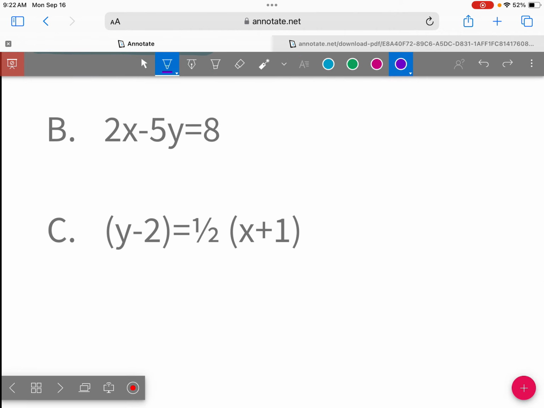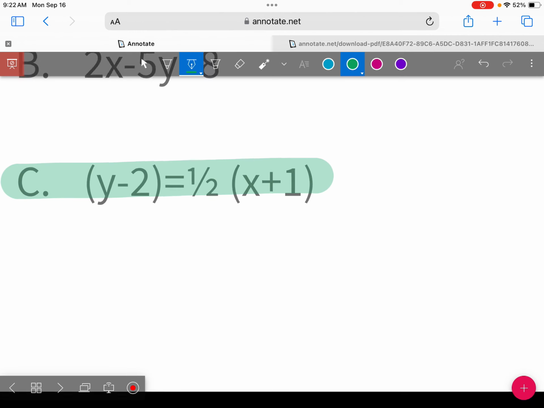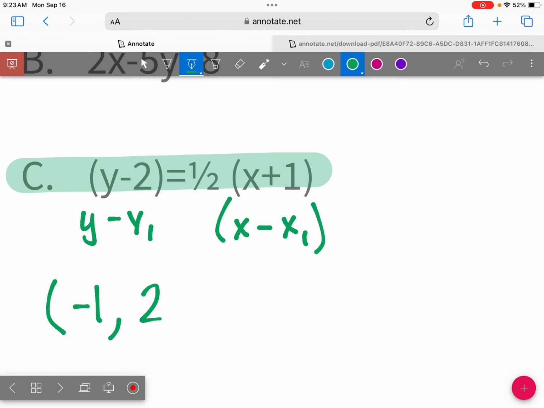Which one do you want to do next, B or C? C. I was going to say C is really familiar to what we were just doing. So let's look at C first, and then we'll come back to B. So we can find the point that's in here. Usually it's x minus the x value from our point, so our x value is -1. And our y is usually y minus y1. So it's -1 comma what? 2. And what's my slope? 1 over 2.